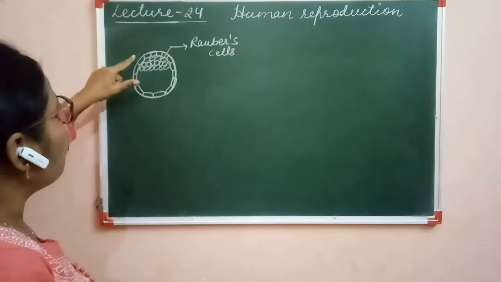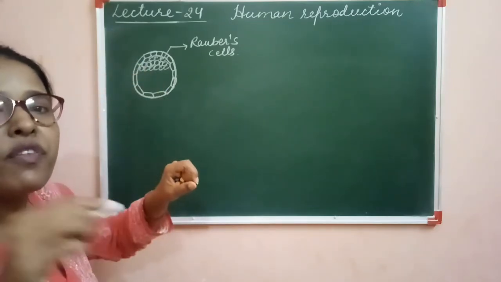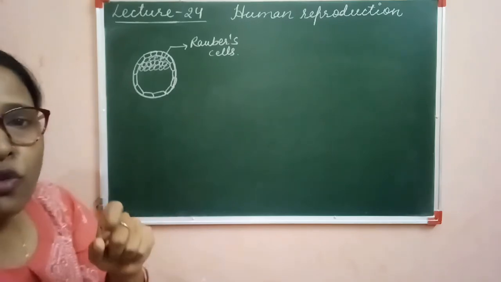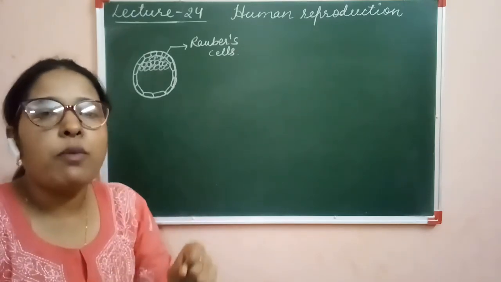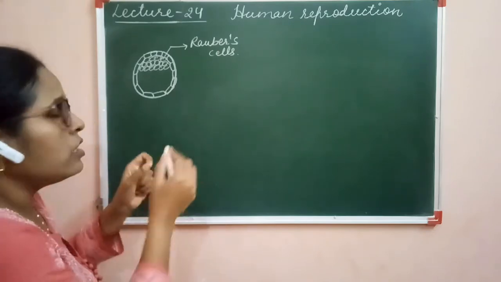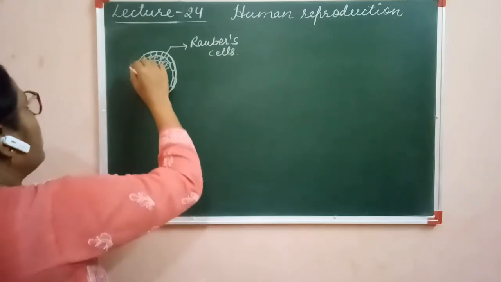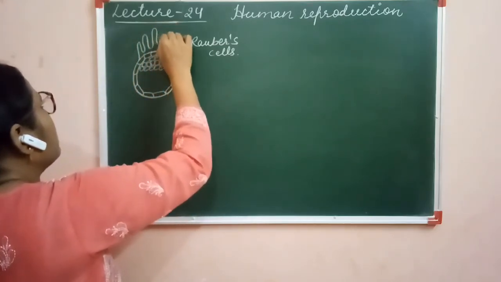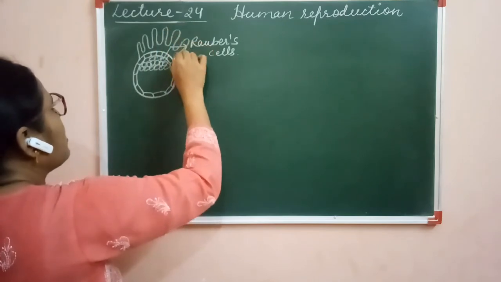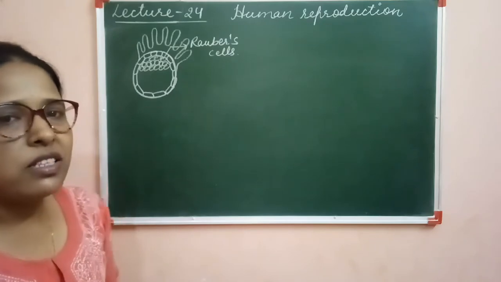Clear? The trophoblast gives rise to chorionic villi, which penetrate the endometrium of the uterus and suck out nutrition from it. So here the trophoblast gives rise to the chorionic villi. These are the chorionic villi which will later develop the placenta.